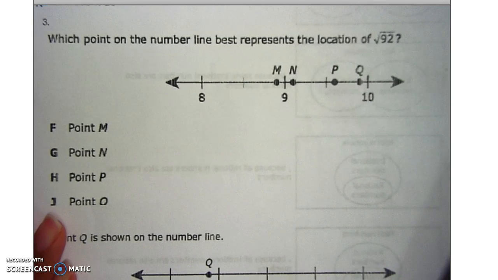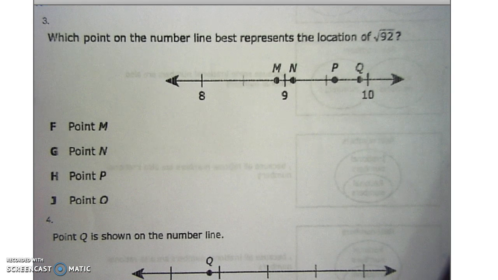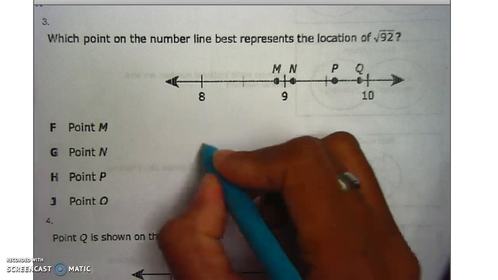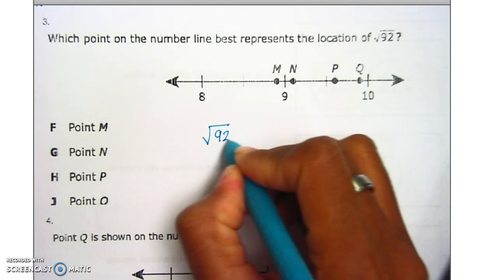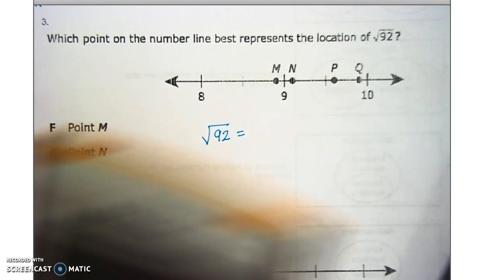Number 3. Which point on the number line best represents the location of the square root of 92? Remember, you should always rewrite whatever number, type it in your calculator.